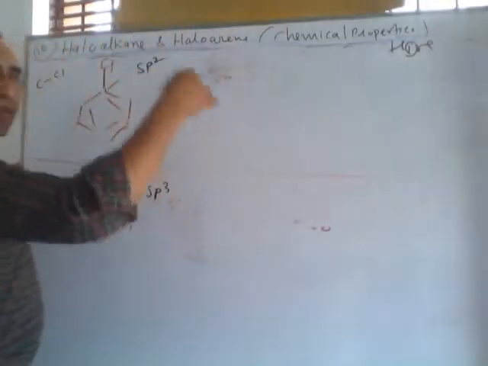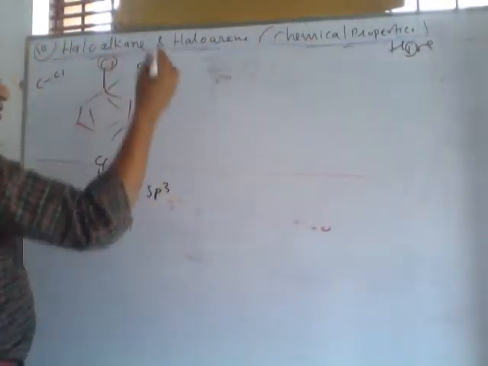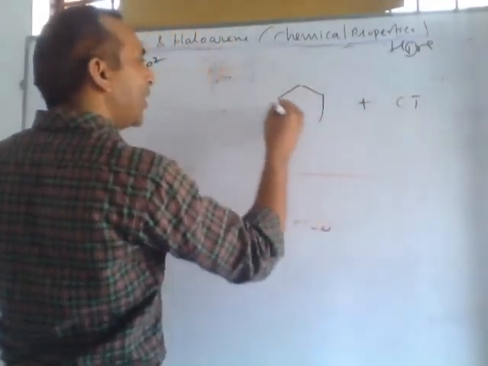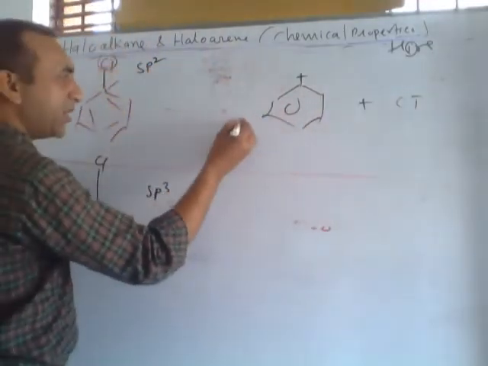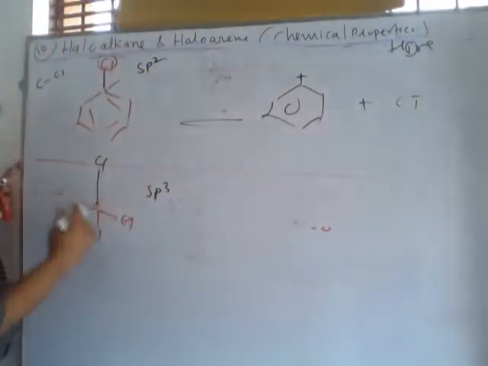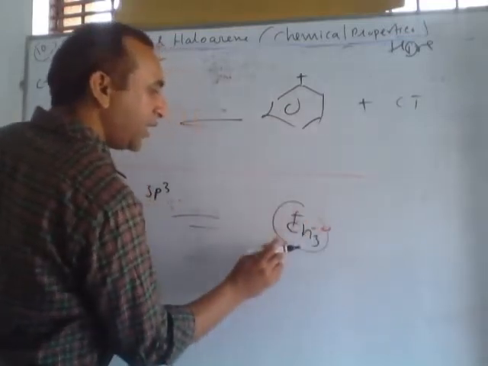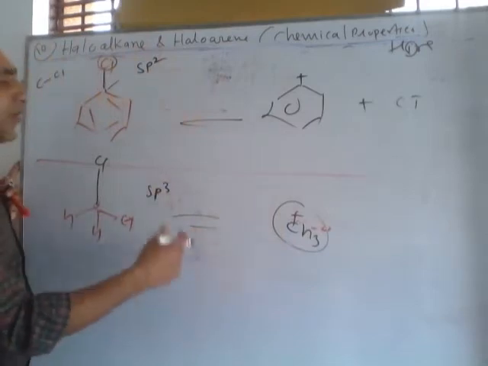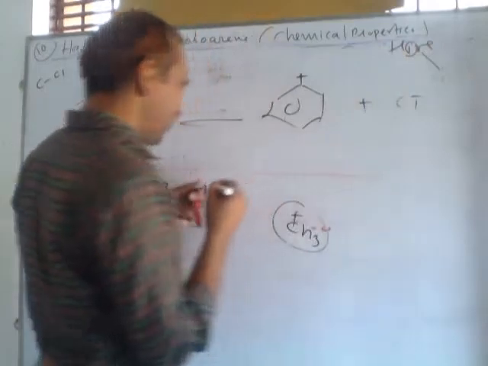Second, I means instability of product. If this chlorine is removed with a minus sign and the product is formed of this type, it is a very unstable compound and the reaction becomes reverse. In the other case, this type of compound will form and its stability may be increased by other effects, like the inductive effect. Next, R means resonance.